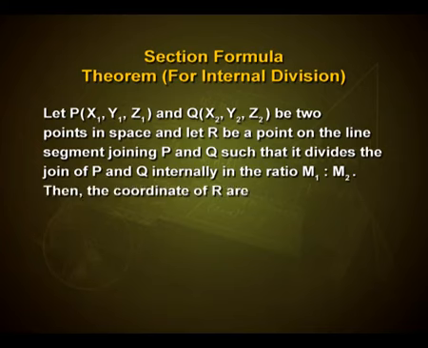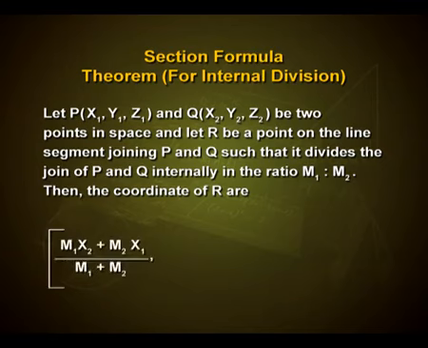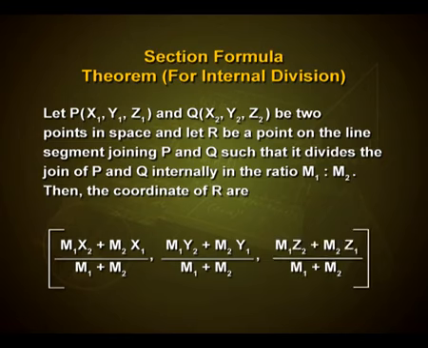Then the coordinates of R are given by (m1 x2 plus m2 x1) upon (m1 plus m2), comma (m1 y2 plus m2 y1) upon (m1 plus m2), comma (m1 z2 plus m2 z1) upon (m1 plus m2). This is the formula we will be using as section formula.